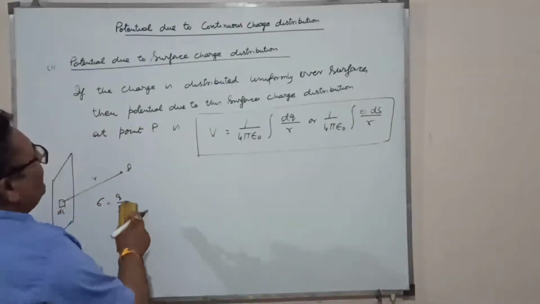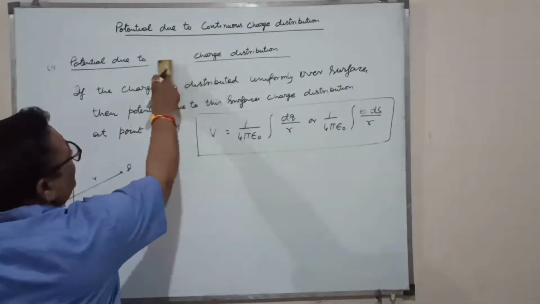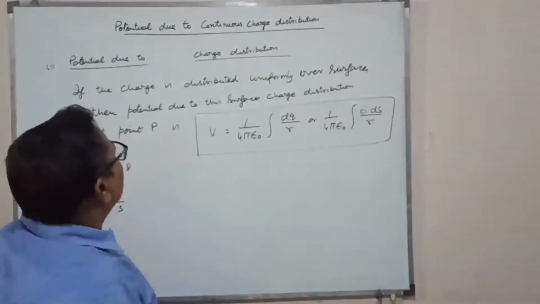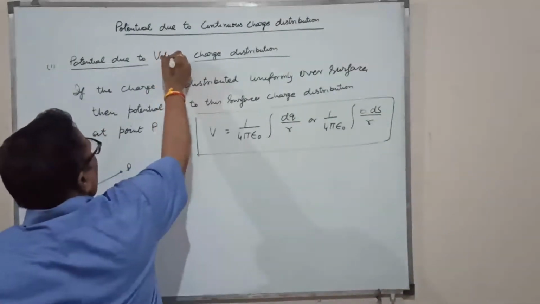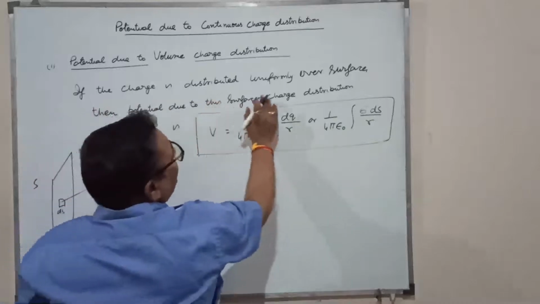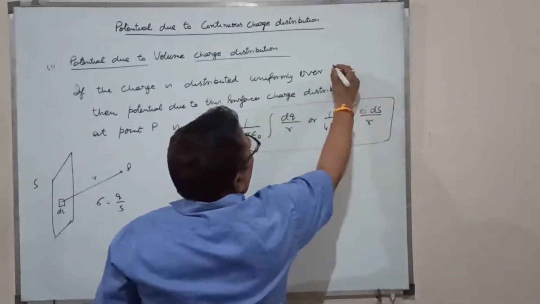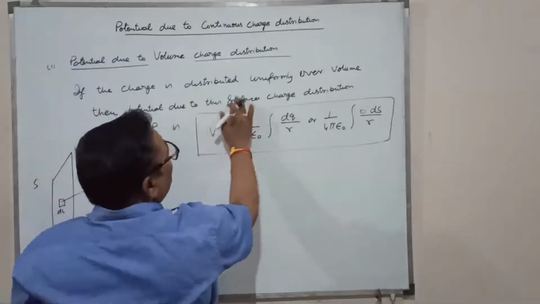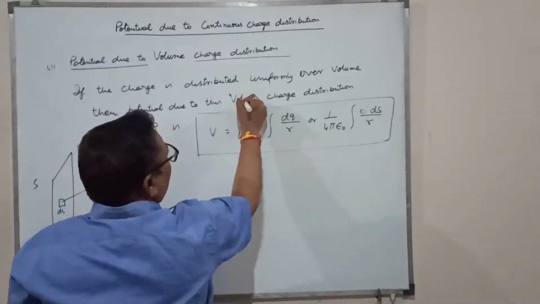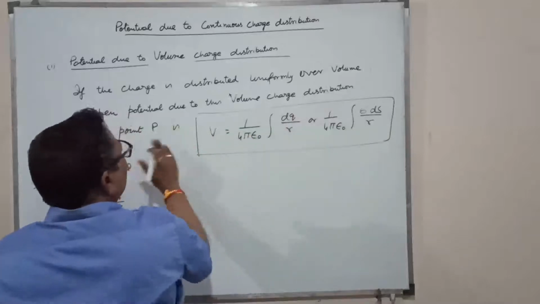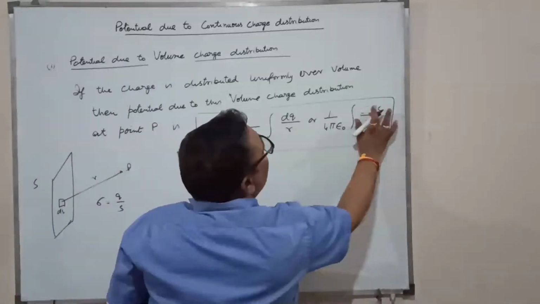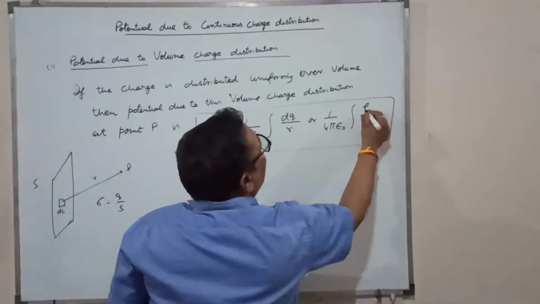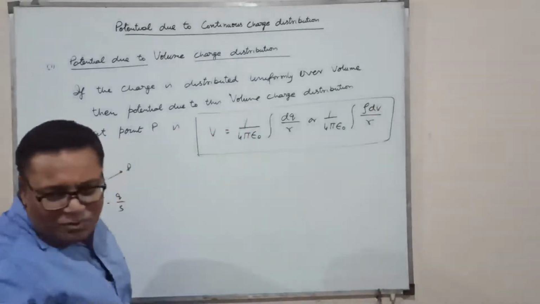In the same way, for the volume charge distribution, the charge is distributed over the volume. The potential due to the volume charge distribution at the point P is given by dq upon r, and dq changes to rho dV.